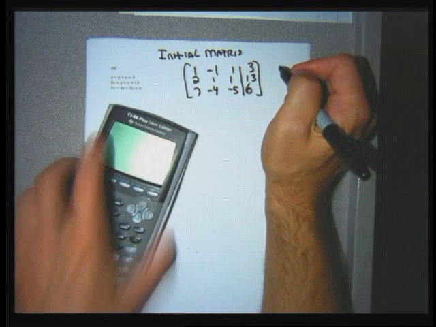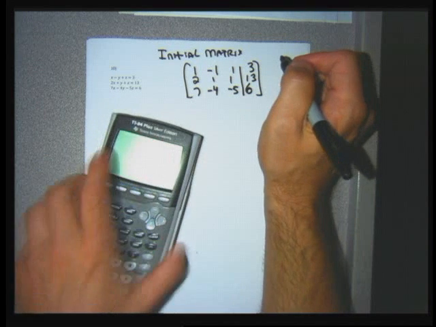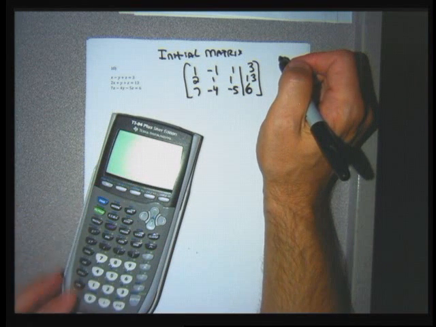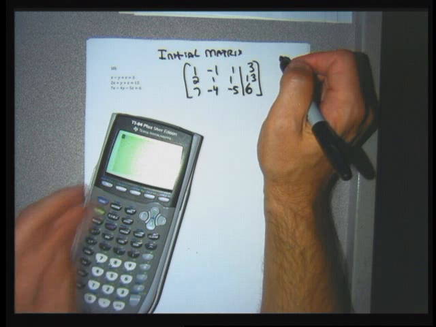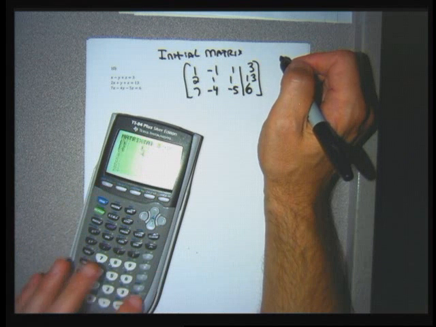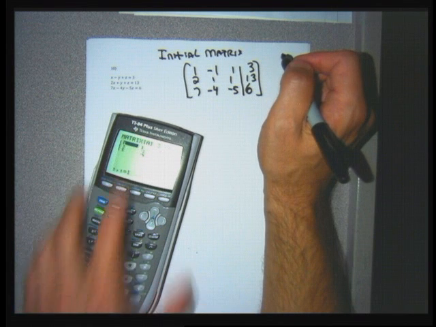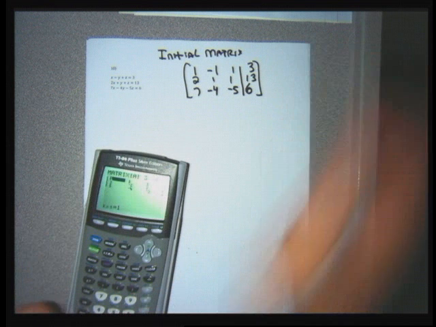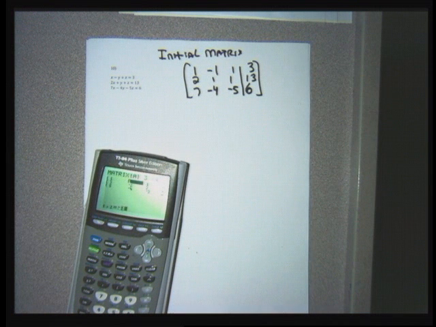Enter that as a 3 by 4 matrix. Do RREF of A. So second matrix, calculator. Second matrix, edit, 3 by 4, and enter 1, enter negative 1, 1, 3, 2, 1, 1, 13, 7, negative 4, negative 5, and 6.